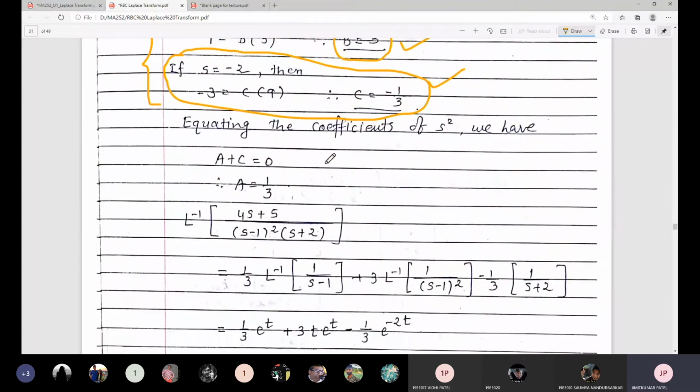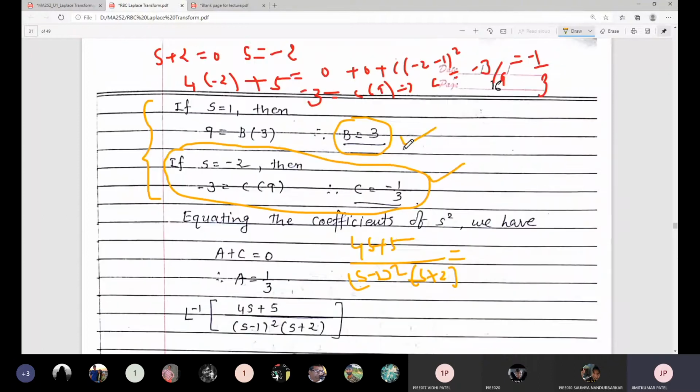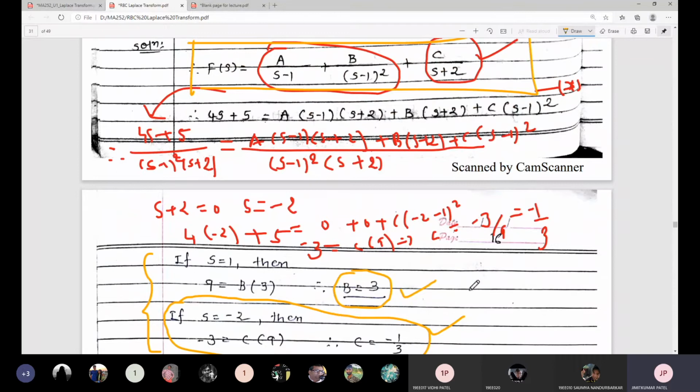That means F of s, which is 4s plus 5 divided by (s minus 1) whole square into (s plus 2), is equal to A divided by s minus 1.